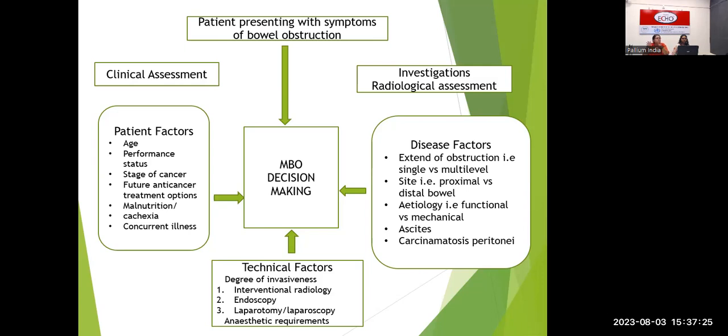Whenever the patient is presenting with an intestinal bowel obstruction, it is the team that has to decide what to do next. That is why, after the doctors, you are the ones who are given the priority. Suppose the doctor is saying we can go ahead with the surgical management, but you are the ones talking to the patient and families in great depth.